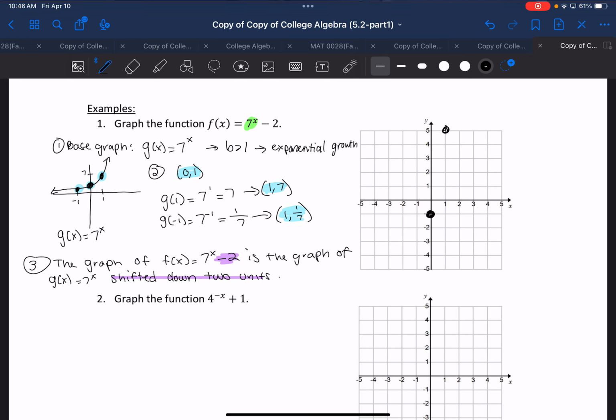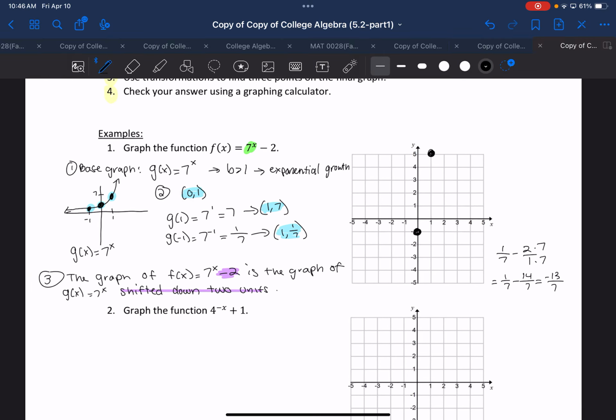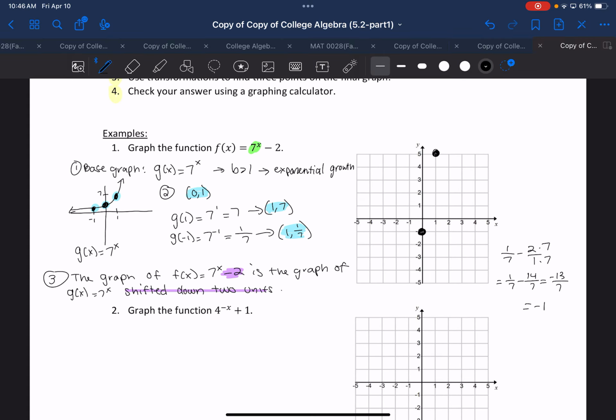And (-1, 1/7), you just have to subtract 2 from 1/7, which you could do in your calculator, or you could do it by hand by getting a common denominator here. So this would be 1/7 minus 14/7, which would be negative 13/7, which would be negative 1 6/7.